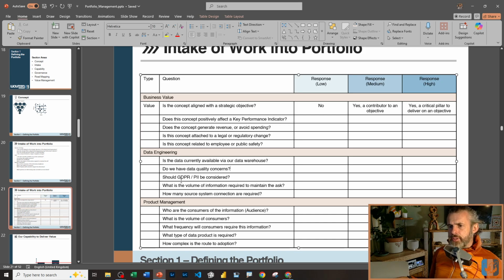Do we have any data quality concerns? Should GDPR or PII be considered? What is the volume of information required to maintain the ask? Yeah, so these are tricky engineering questions.